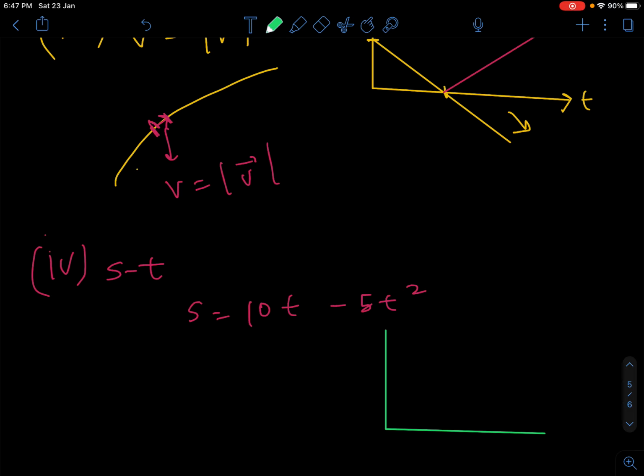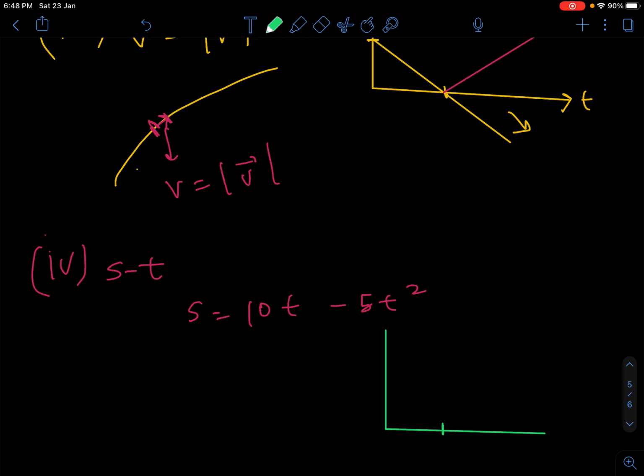And when we put s equals 0, then 5t square equals 10t, so t will be equal to 2. Okay, that means positive.